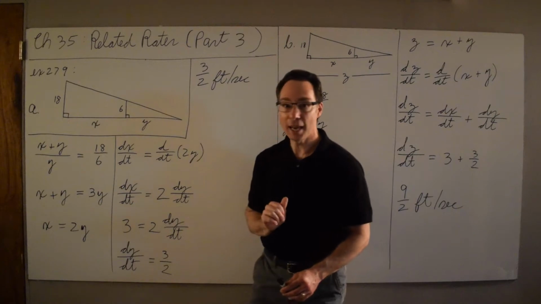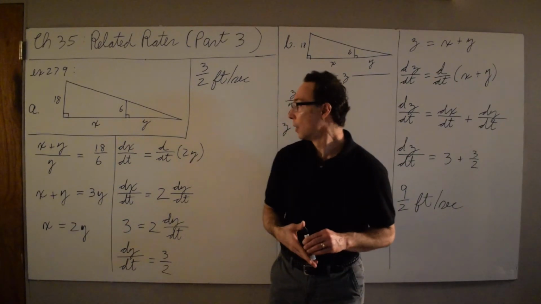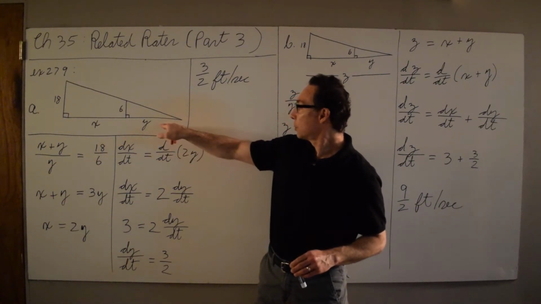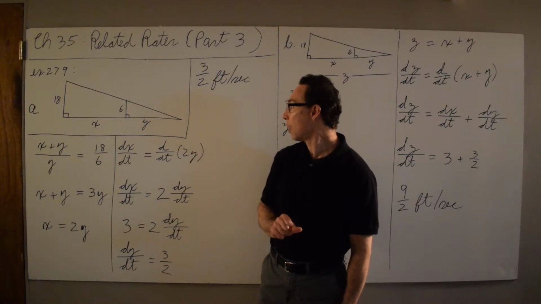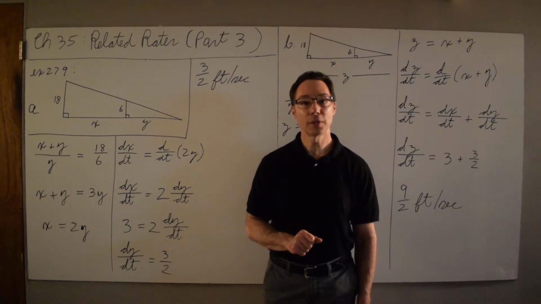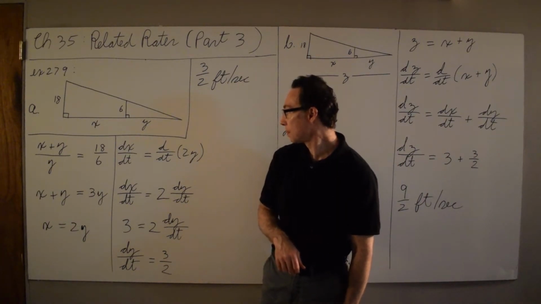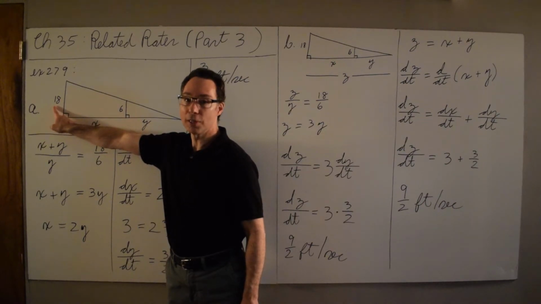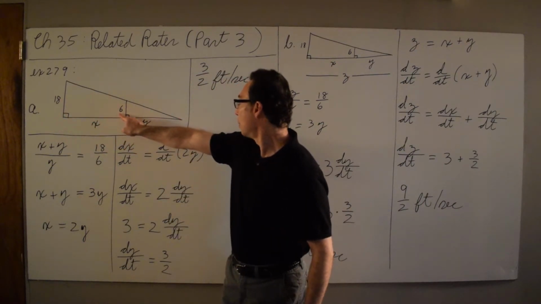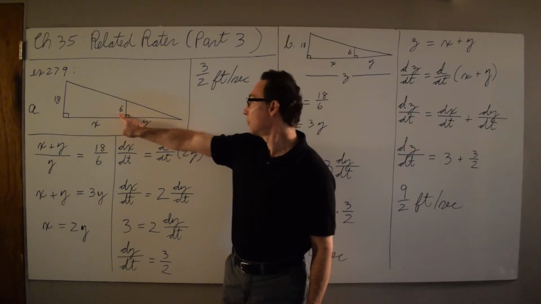So, again, draw a picture, label the parts of the picture that you're either being given information about or asked information about. Do not put constants in for things that are changing. The height of the lamp pole is not changing, it's a constant 18 feet. The height of the man is not changing, it's a constant 6 feet.